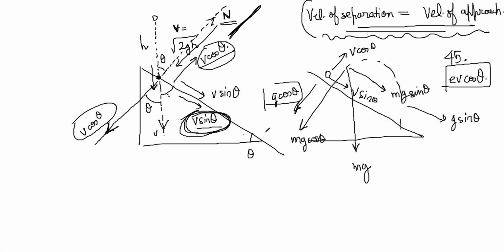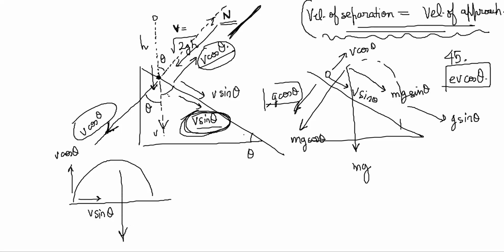So this is a projectile motion question, but the differences are these. Velocity perpendicular is v cos theta, velocity along the incline is v sin theta, and the downward gravity, g cos theta, is what is bringing it back to the plane. But there is a forward gravity also, g sin theta.